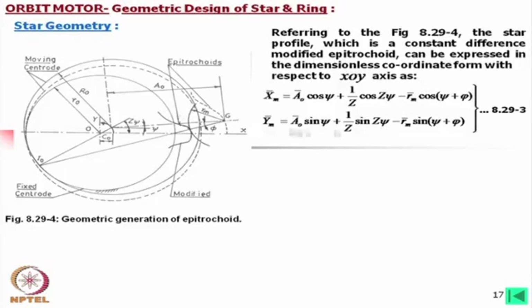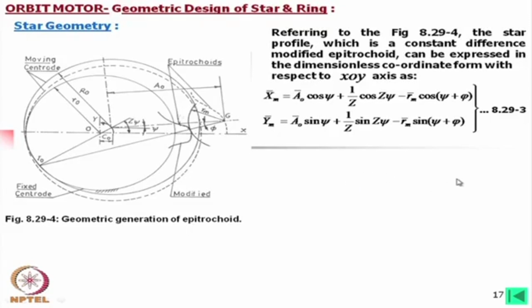First two terms will give the equation of this curve, where A0 is the length of this arm. Now, we have used a bar. This bar has been used to make this formula dimensionless.